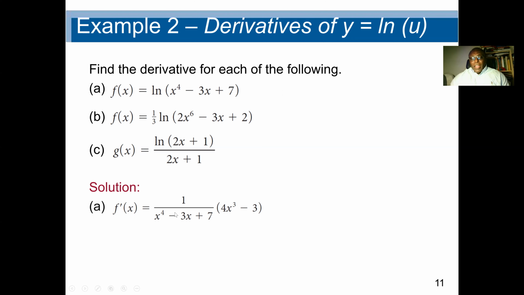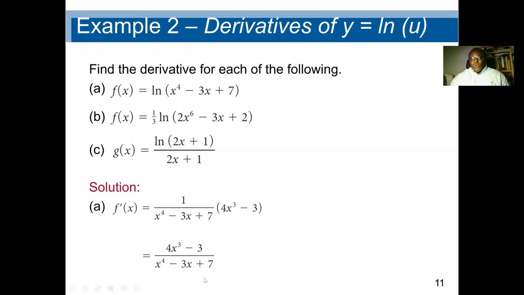So we are using the chain rule here. The derivative of x to the power 4 minus 3x plus 7 gives us 4x cubed minus 3 plus 0, since we know the derivative of a constant value is 0. So our final answer will be 4x cubed minus 3 over x to the power 4 minus 3x plus 7.